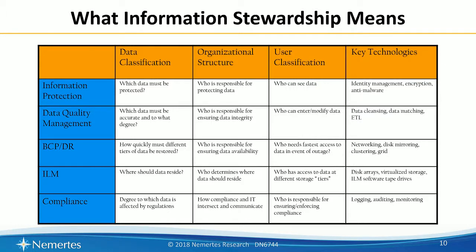That in turn requires and feeds on the classification of your users, typically only into a small handful or double handful of roles in the organization that will control who can see the information, who can touch or modify the information, that may determine who gets access to it first in the event of an outage, or who has priority access to it first in the event of some kind of crisis.